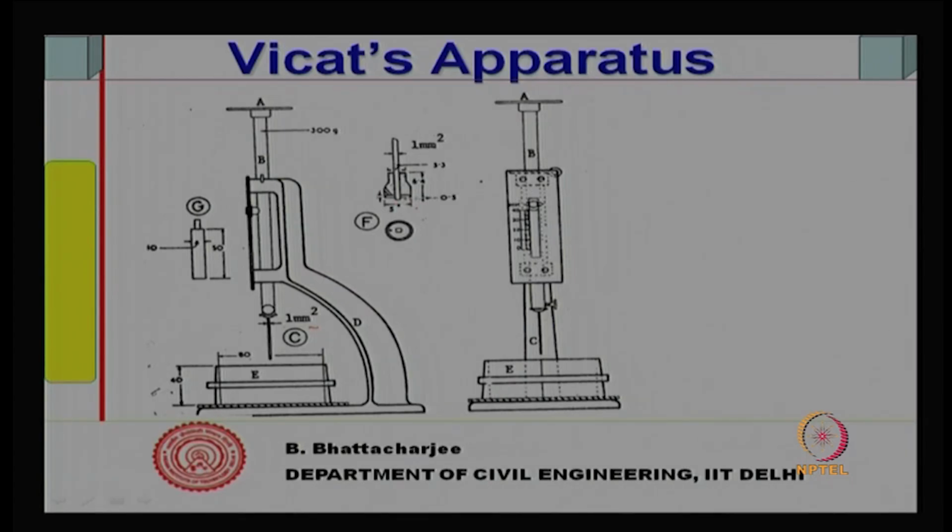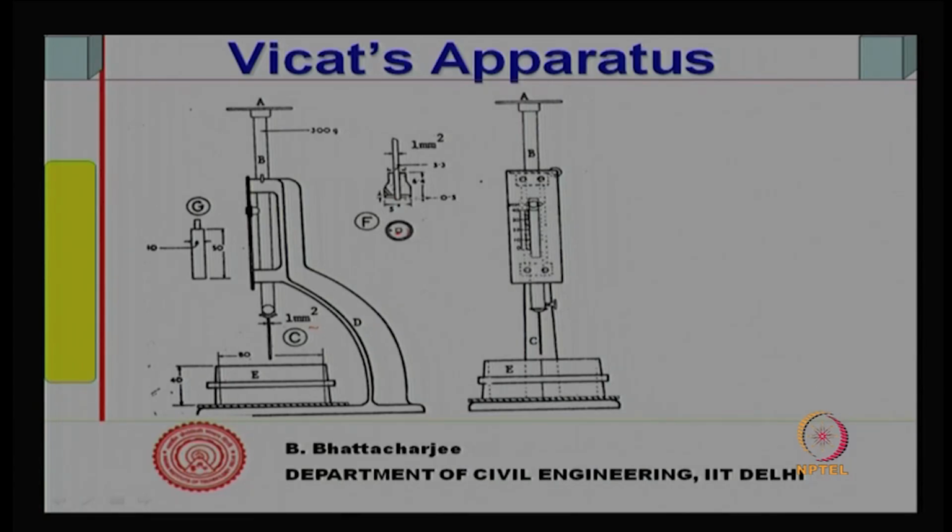The dimensions are given. So, it can make an impression onto the paste like this. The center point, the needle will make an impression like this, and outside the plunger boundary will make an impression like this. And this is a 10 mm square needle. So, these 3 needles are used to determine standard consistency, initial setting time, and final setting time.